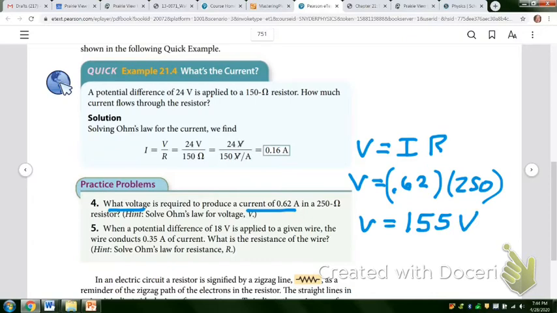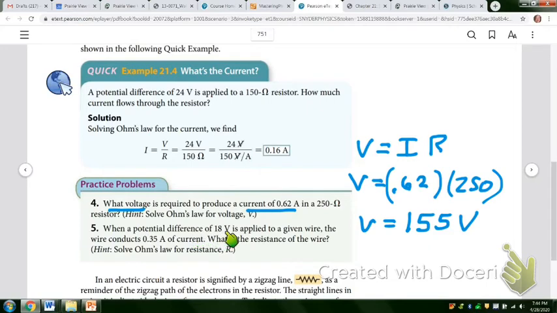All right, let's look at problem number 5. It says when a potential difference of 18 volts is applied to the given wire, the wire conducts 0.35 amps of current. What is the resistance of the wire? Once again, you have to know that potential difference stands for applied voltage. That's pretty much the definition of voltage, and hopefully you have that in your definition section.